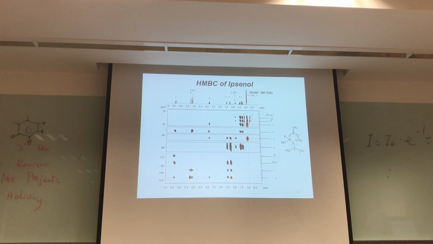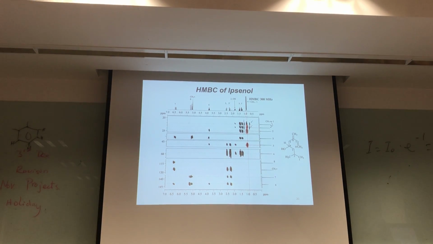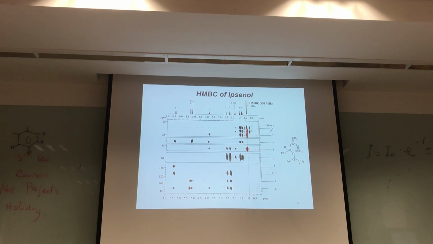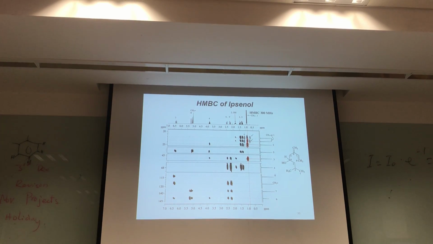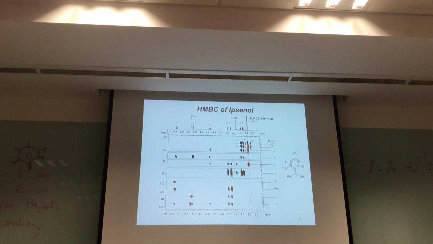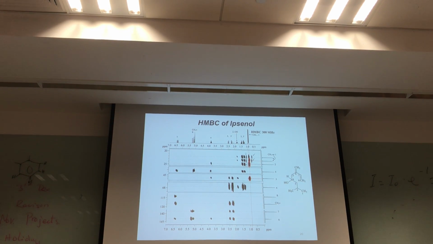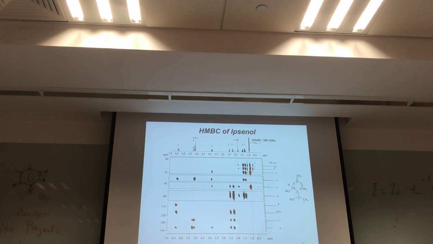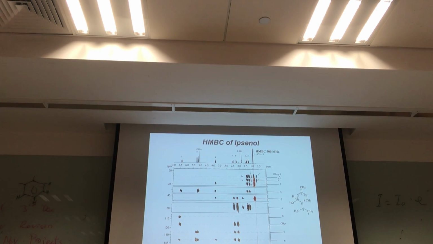For the last few lectures, we talked about the three 2D NMR techniques in detail. One is COSY. It tells you which proton is coupled to which proton in an easy way. The second technique is HMQC.